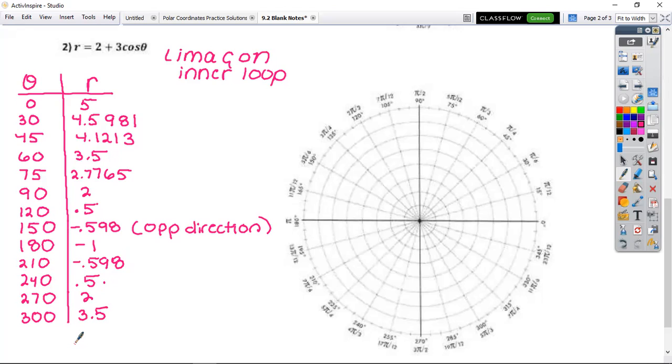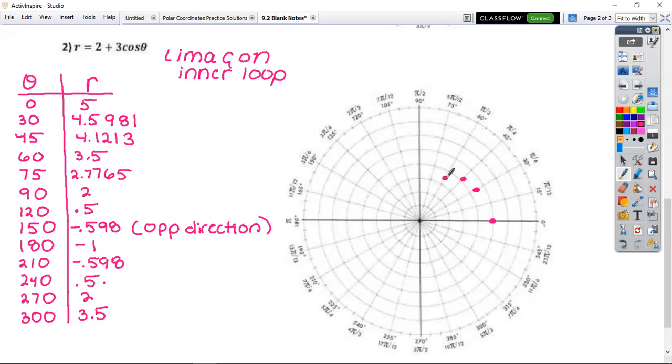All right, so at 0, 5, so I'm going to go 1, 2, 3, 4, 5. I have 30 and 4.5, like right here. I have 45 and 4.1, so that's like here. I have 60 and 3.5, 1, 2, 3.5.